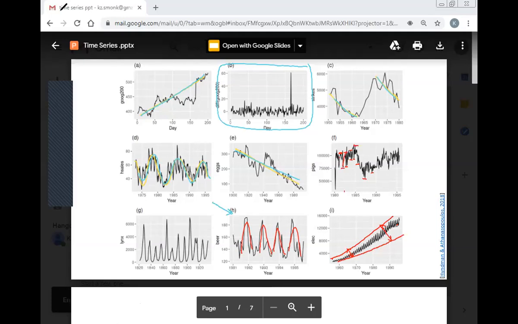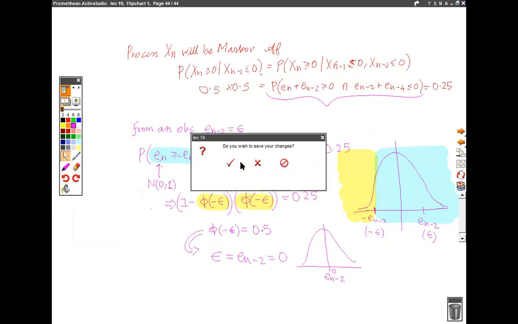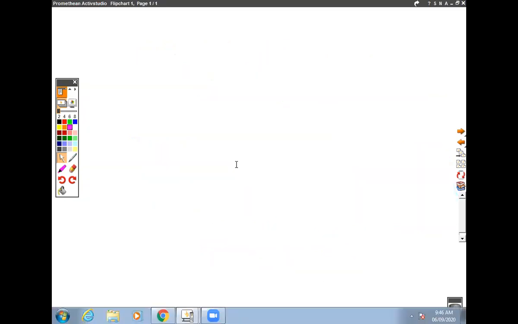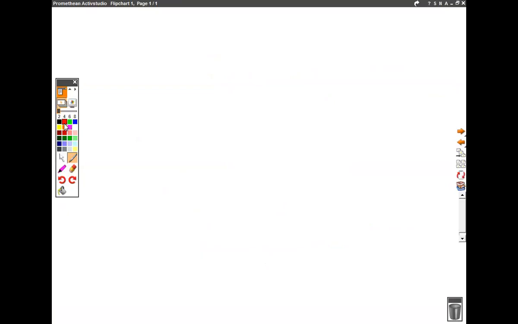Let me discuss now a couple of techniques using which we can detrend the data.